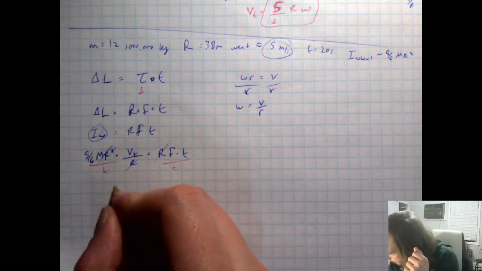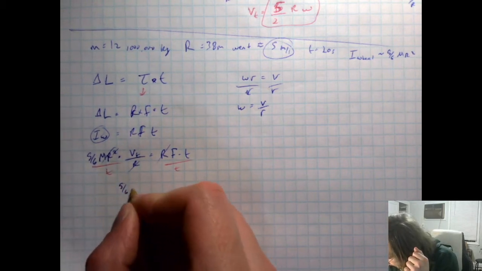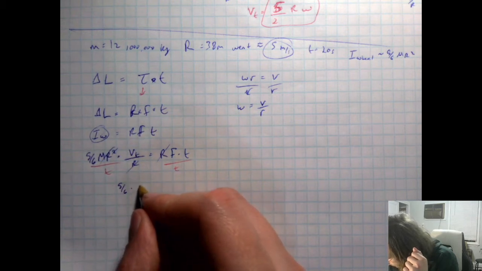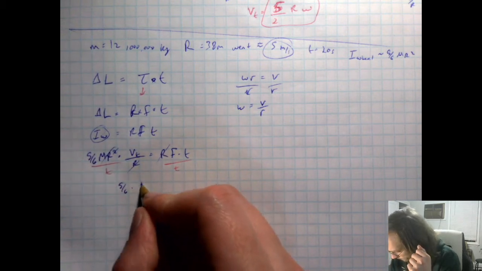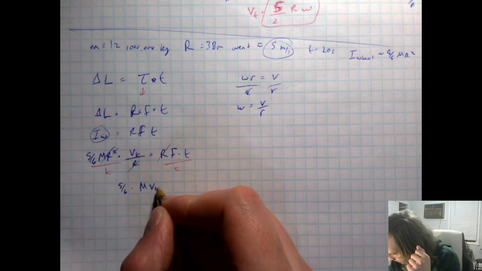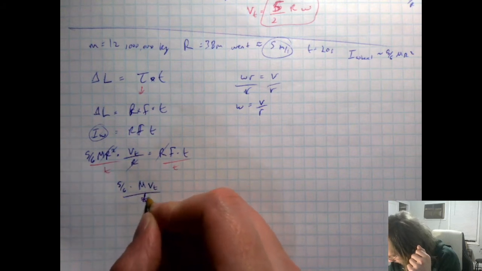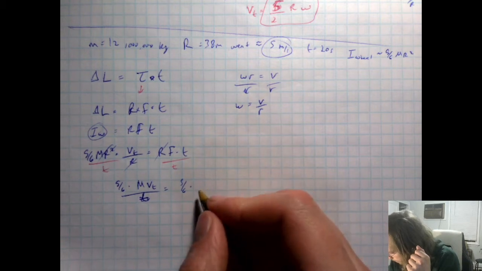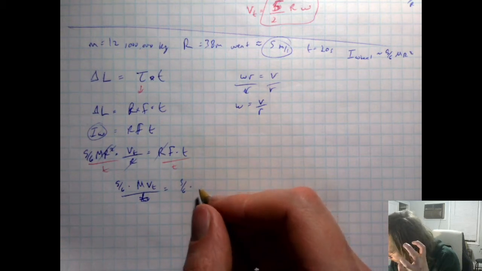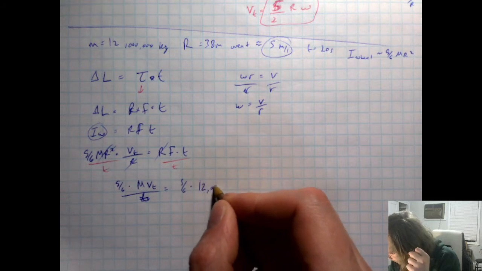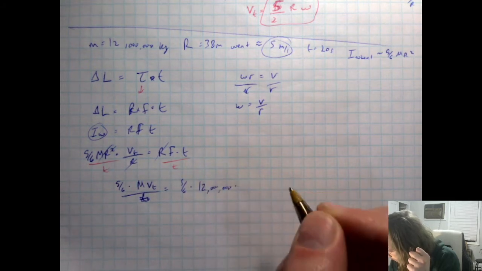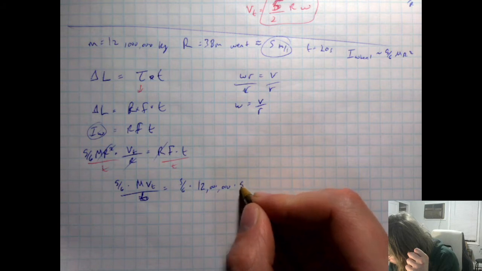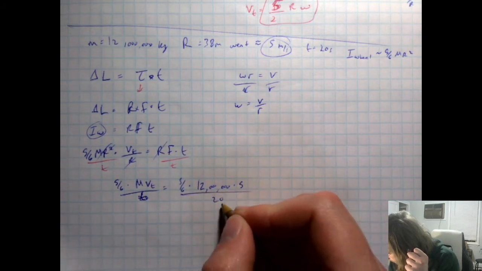So, 5/6 times mass times our tangential velocity divided by our time.